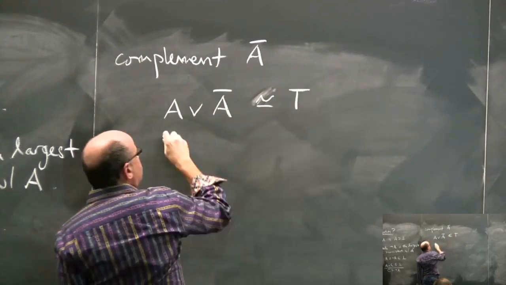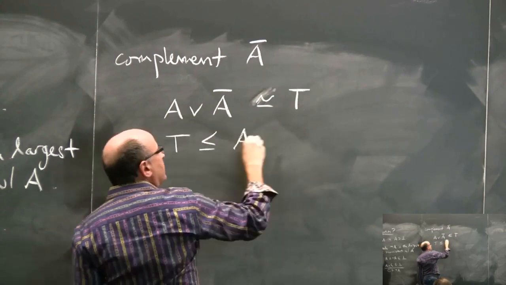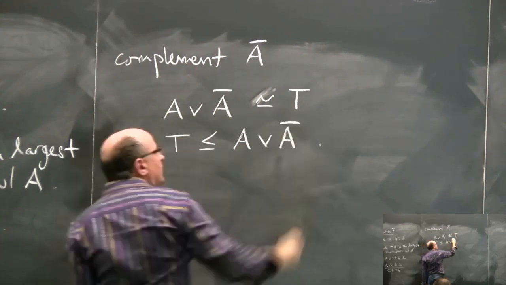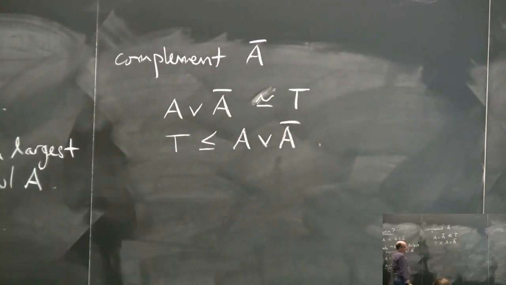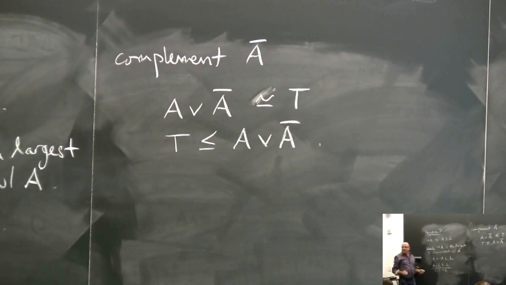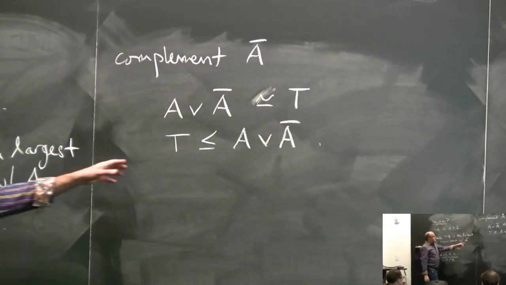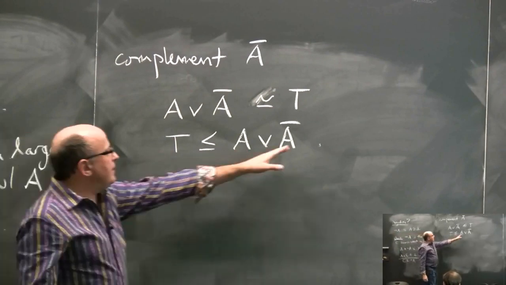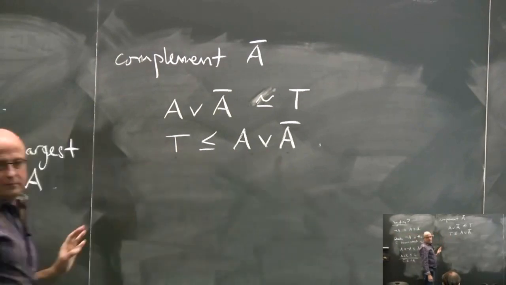So the content of this is that top is below A or A bar. That's dualizing it in a certain way. What I'm saying is the complement fills up the space.